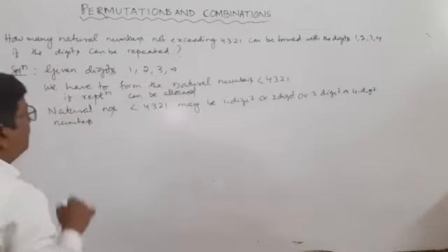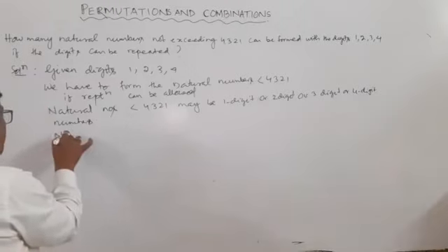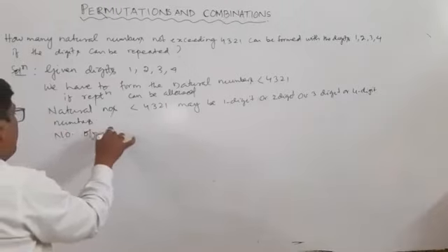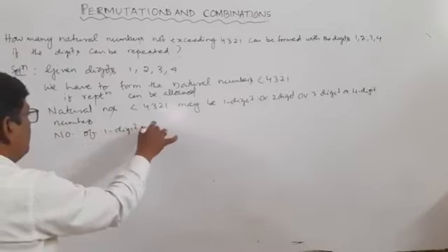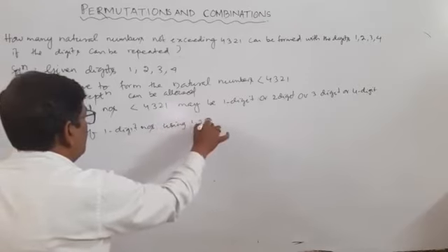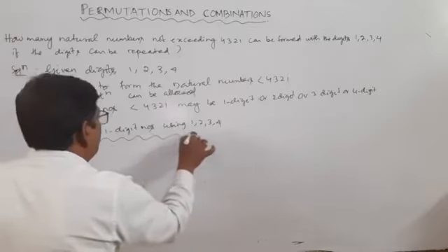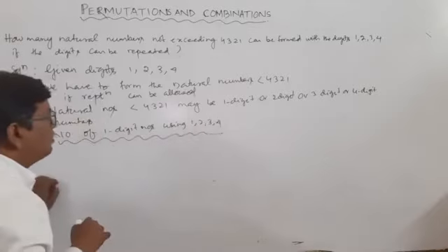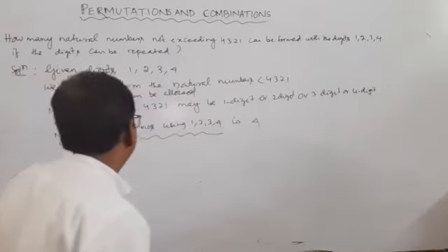Now, the number of one digit numbers using 1, 2, 3, 4 is 4.